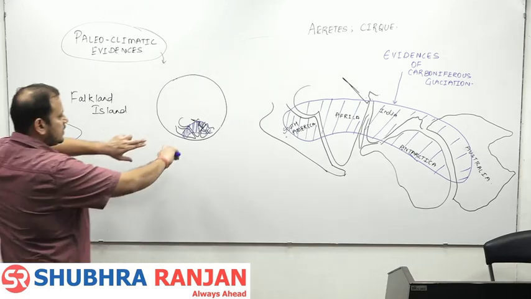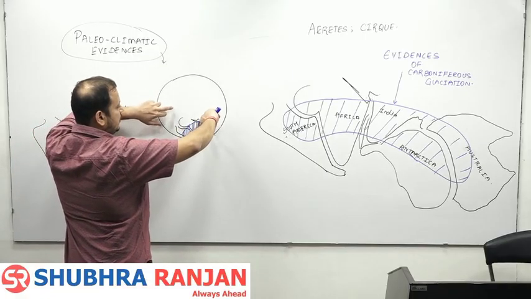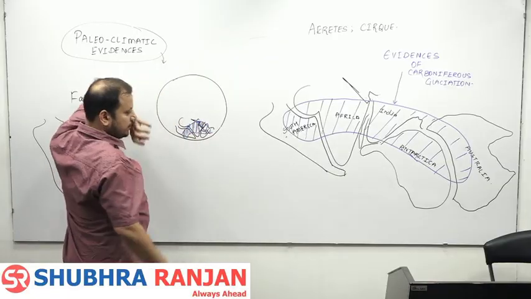And then this is how they drifted. ये westwards, ये northwards, ये यहीं रह गया. This is how they drifted.